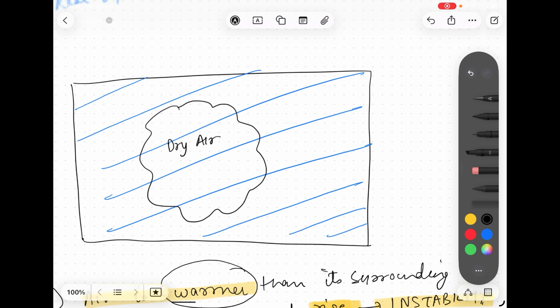In the environment, if my air is dry, what will happen? The lapse rate is 3 degrees per 1000 feet, and maybe my environmental lapse rate is only 1 degree Celsius per 1000 feet that day, because the environmental lapse rate can be anything as per the day. So let's consider the condition when my dry adiabatic lapse rate, DALR, is more than my ELR.